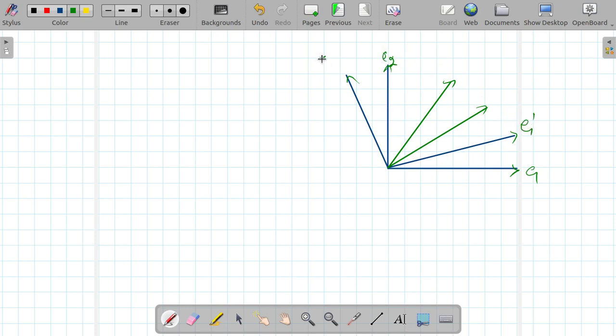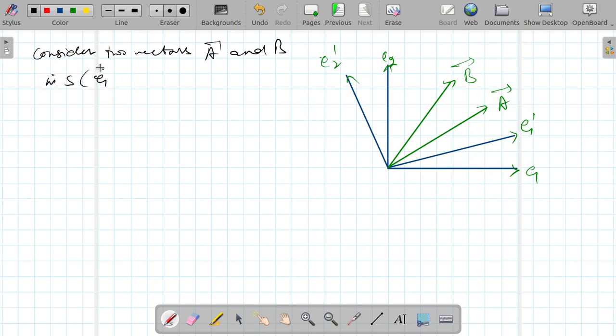It is E1 prime and E2 prime. And let me call it vector A and vector B. So what I did, I considered two vectors A and B in the S and S prime frame.